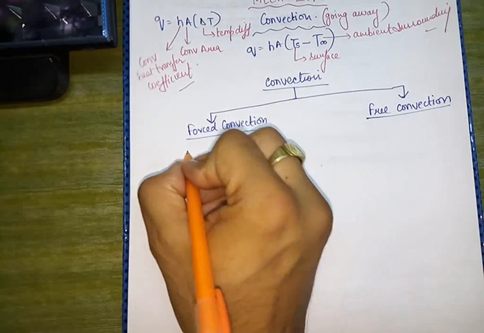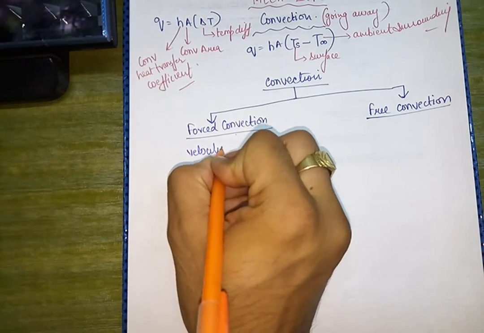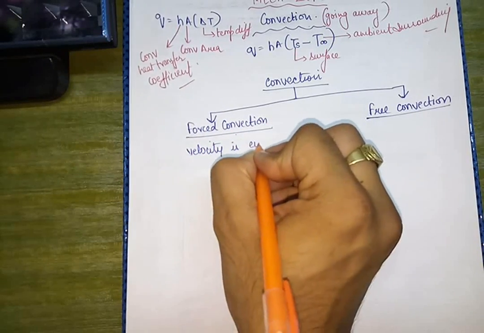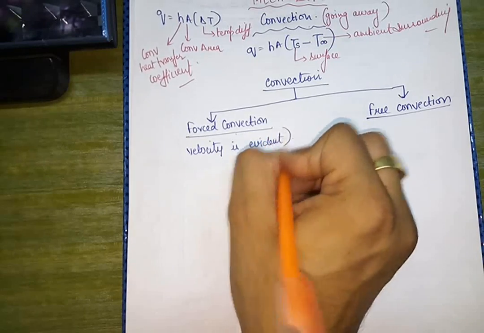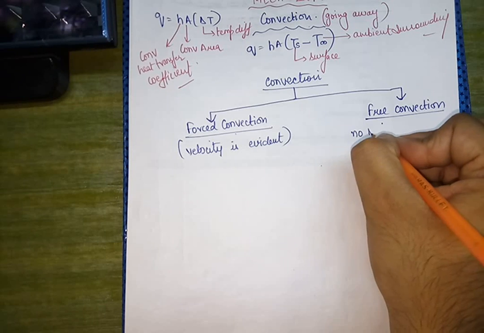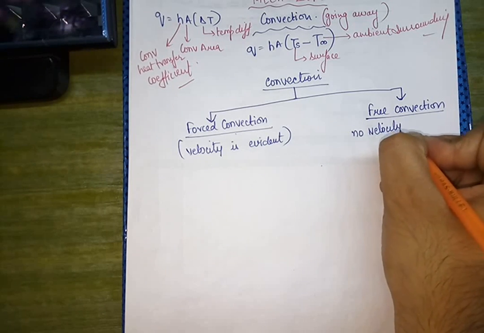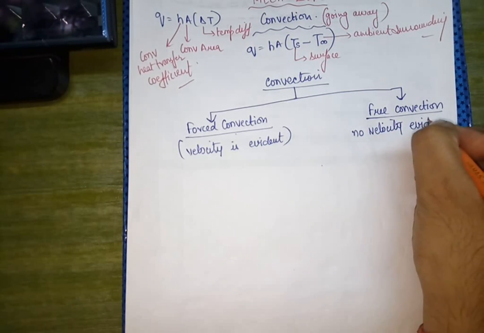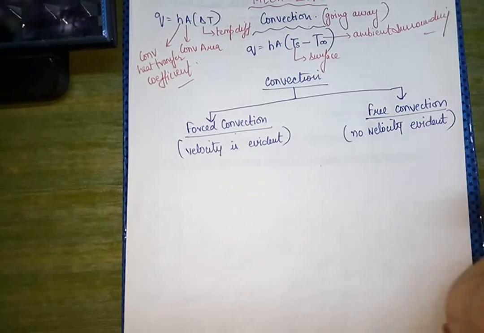In case of forced convection, velocity is evident. And in case of free convection, there is no requirement of velocity.